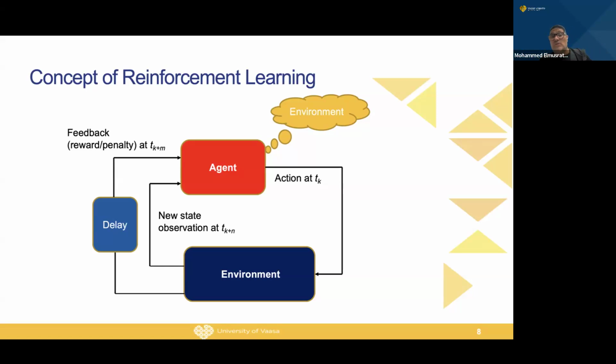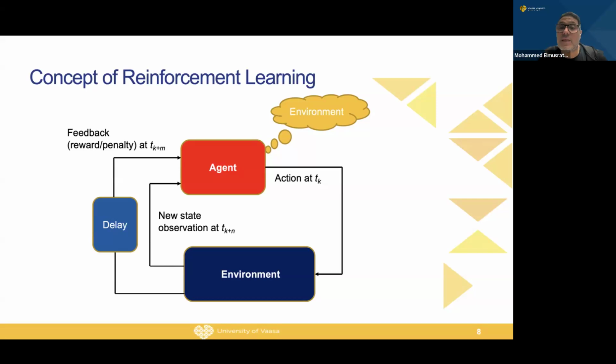But we have other cases where the intelligent agent cannot see the environment completely, or the information coming from the environment is noisy or distorted. So in this case, the intelligent agent might have a stochastic model, or rely on some maximum likelihood estimation of the state of the environment.